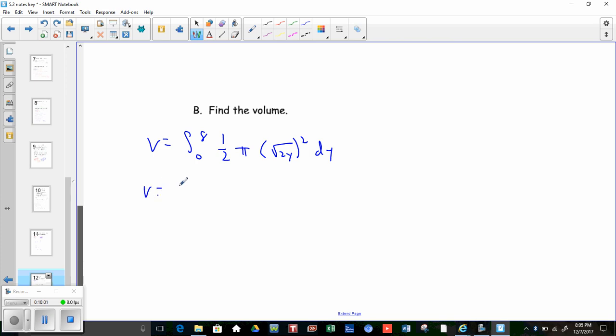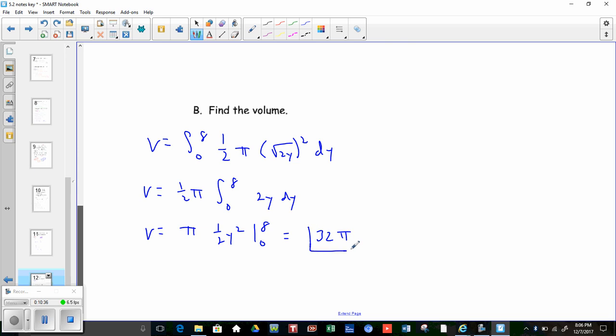Let's take the 1/2 to the front: 1/2 pi, and squaring gives the integral from 0 to 8 of 2y dy. I can pull the 2 out to the front; 2 times 1/2 leaves us with pi. The integral of y is 1/2 y squared from 0 to 8. Plugging in 8, 64 divided by 2 is 32, so 32 pi. Plugging in 0 gives us 0.